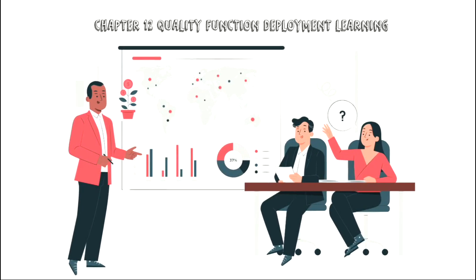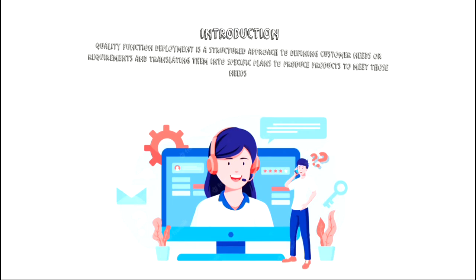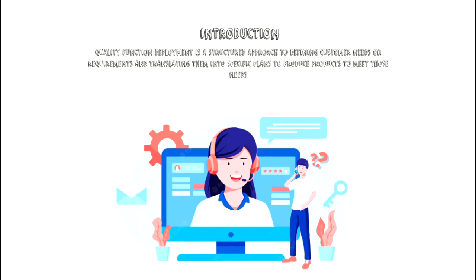Now let's move forward to Chapter 12, which is Quality Function Deployment. In the introduction, quality function deployment is a structured approach to defining customer needs or requirements and translating them into specific plans to produce products to meet those needs.